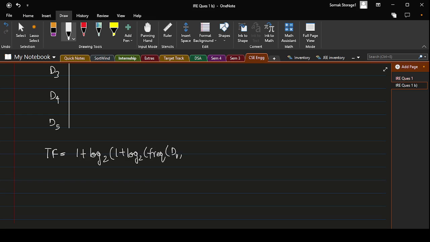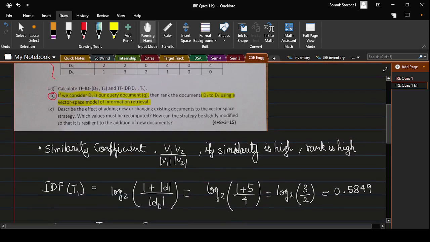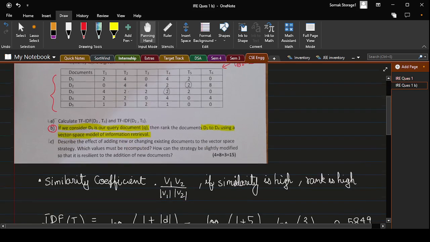So I'll just use Kernel SMART here and show you 1 plus log base 2, and if we refer to the book, it is 2, right?